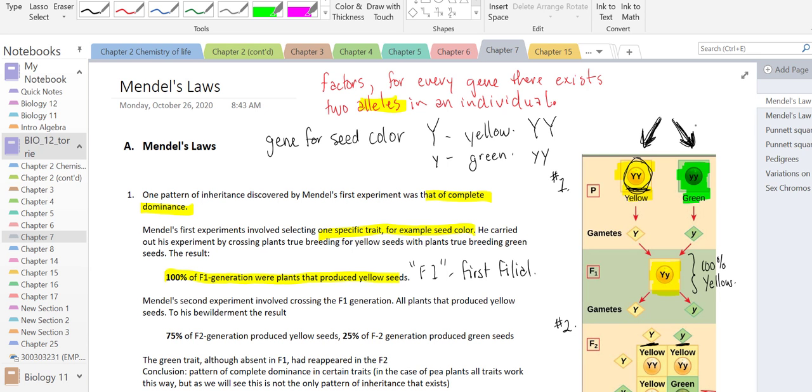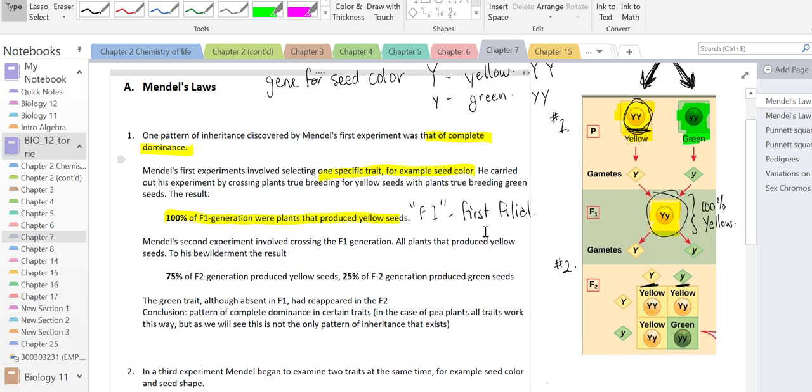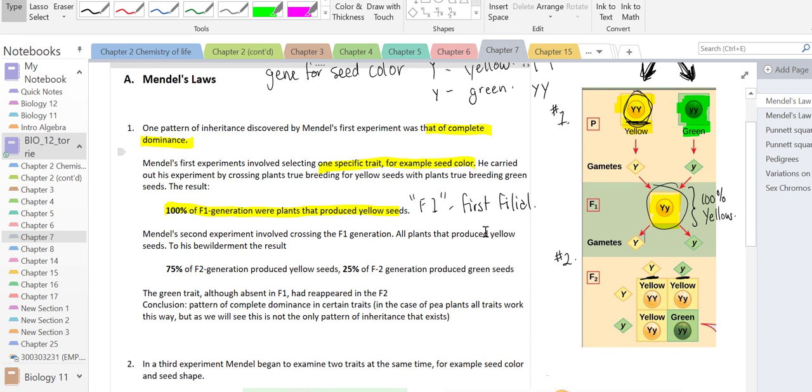Like when we mix green and yellow, we get blue. But he had some ideas of what he would get, none of which involved getting 100% yellow producing seed plants. So in his mind, this green factor had disappeared. So then he carried out a second experiment.